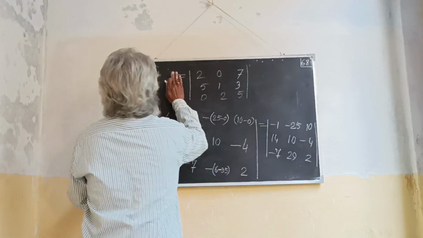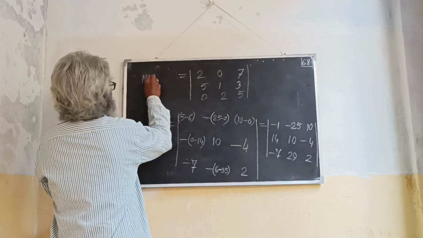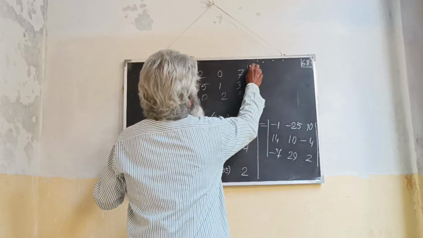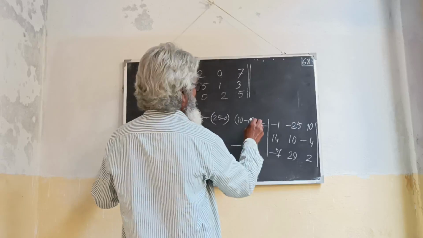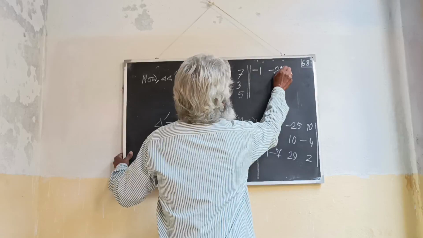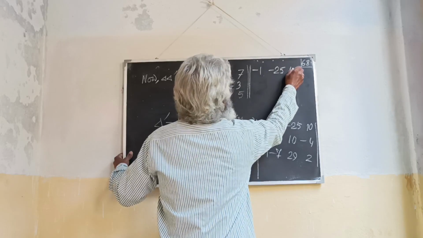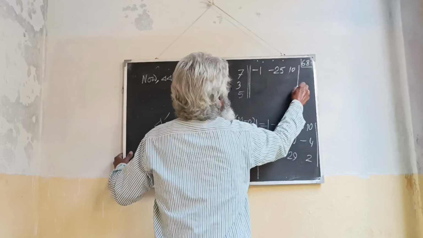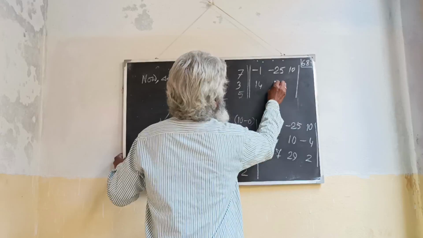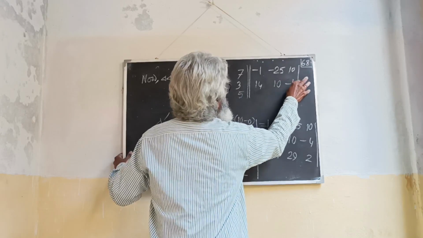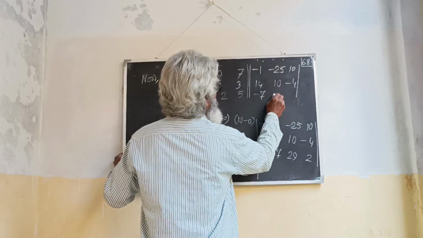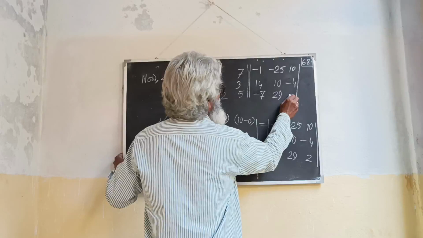Now, put delta dash: minus 1, minus 25, 10, 14, 10, minus 4, minus 7, 29, 2.